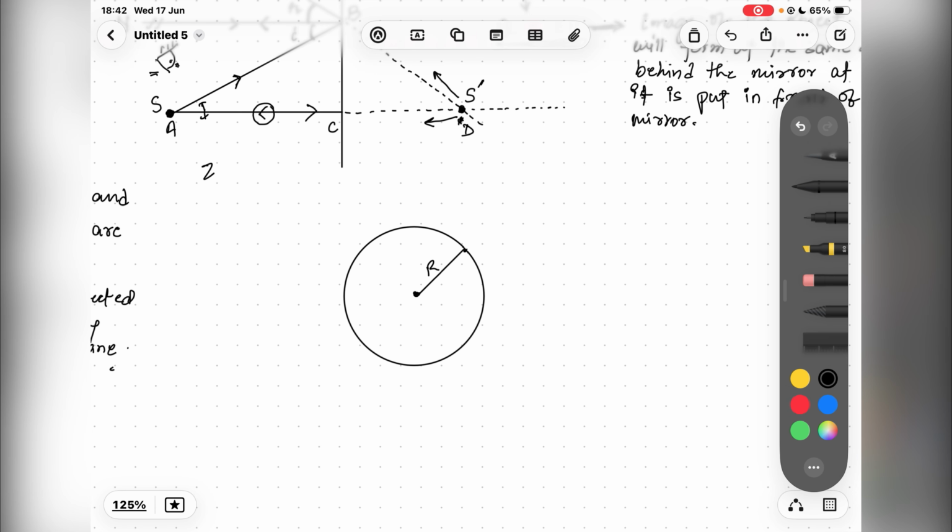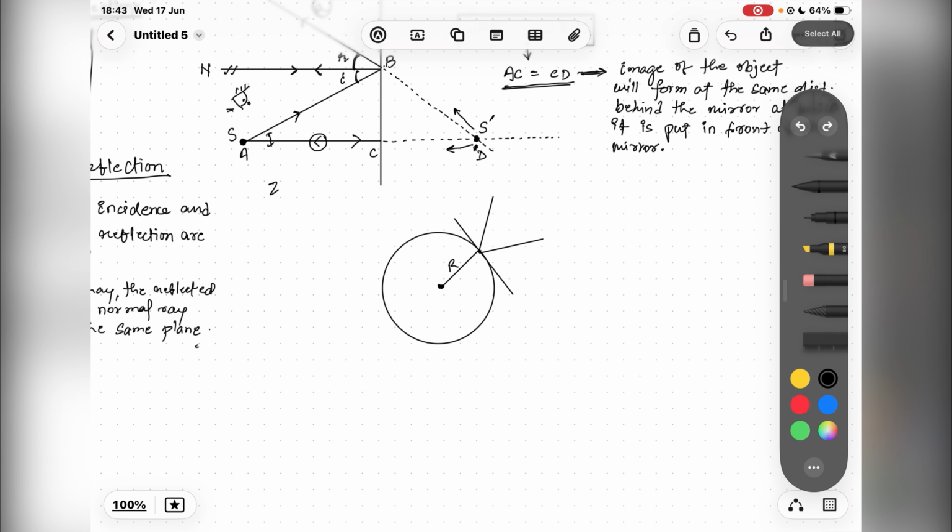This is the radius. So at this point we will draw a tangent, and the same phenomenon as the plane mirror would occur here also. No exceptions. All the laws of reflection will be followed.